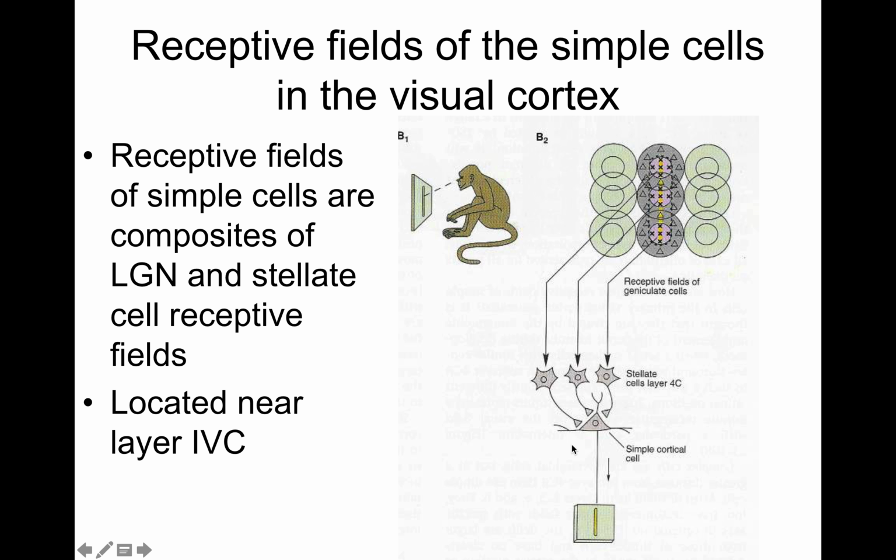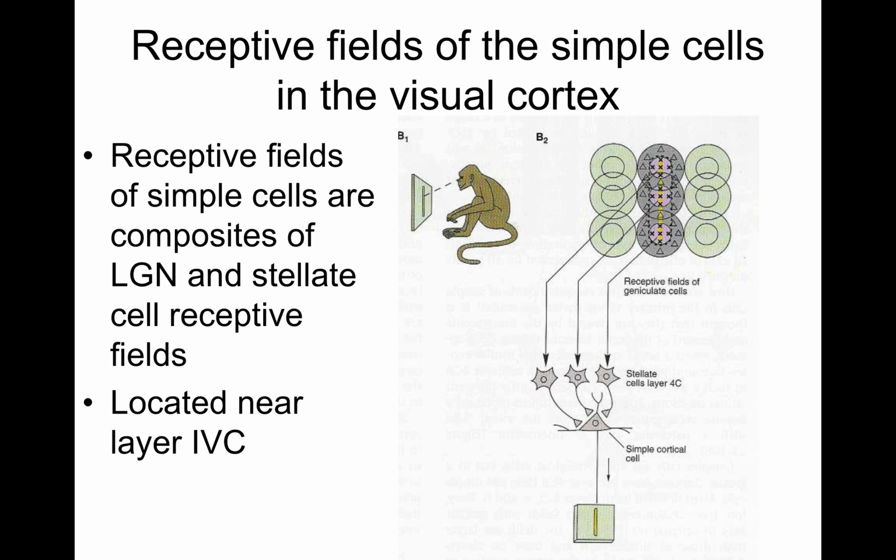These simple cells start to integrate information, going from a center-surround appearance to constructing a representation of the retina that's more akin to our own visual experience: a bar of light, with a receptive field more like a bar than a concentric circle. The receptive fields of these simple cells are composites of the LGN and stellate receptive fields, located near layer 4C.